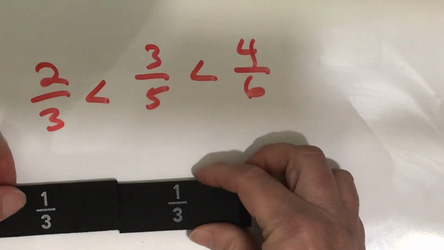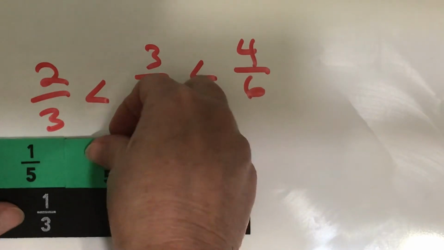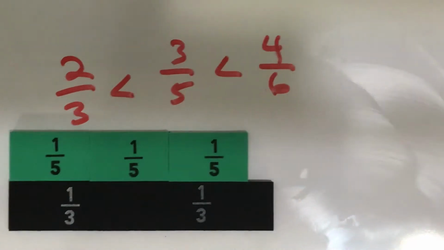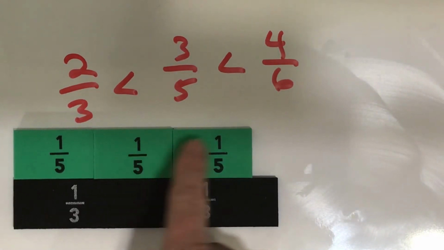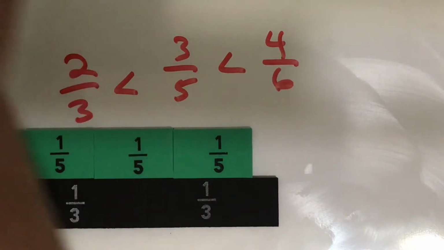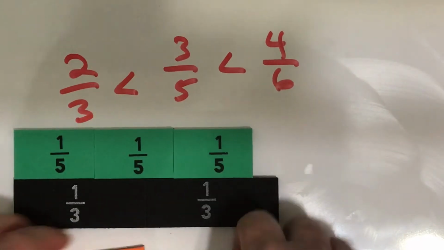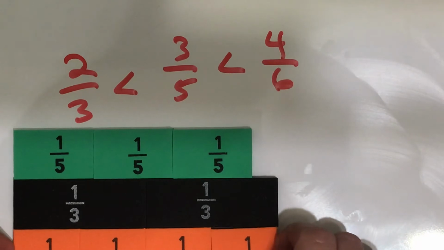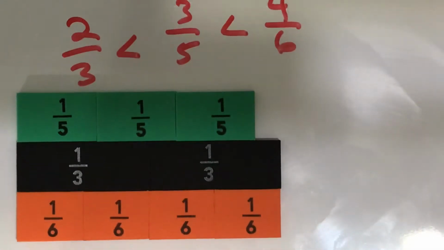Okay, here's my 2/3 right here. Okay, and here's my 3/5. Well, already I can see a mistake because I see that 3/5 is less than 2/3. And then I put 4/6 on here. And here I see that 4/6 is equivalent to 2/3.